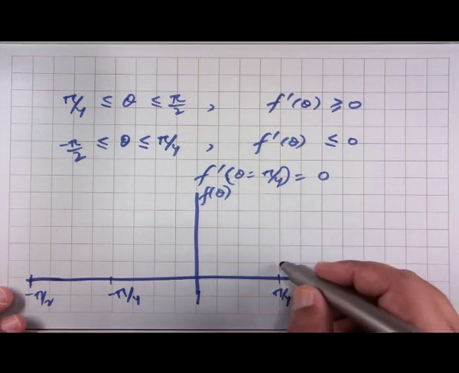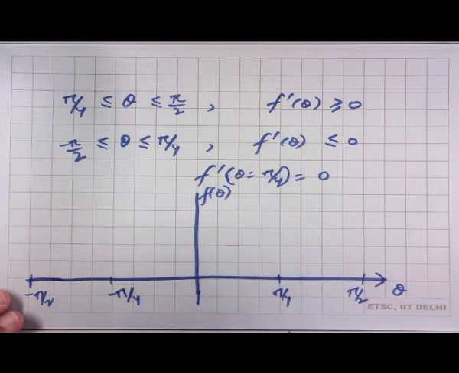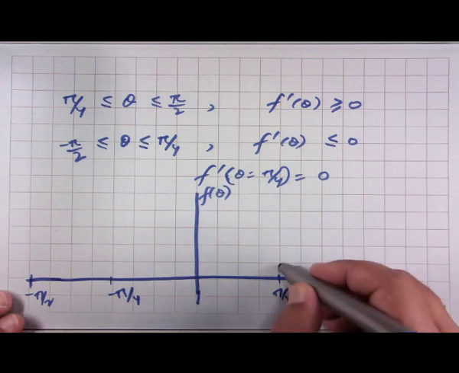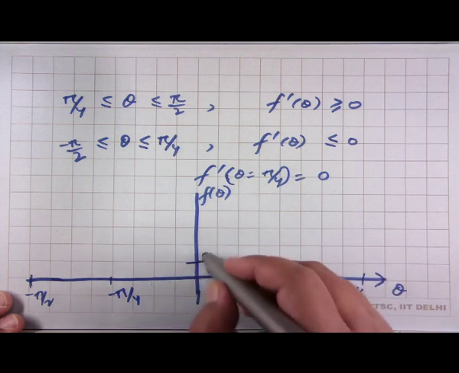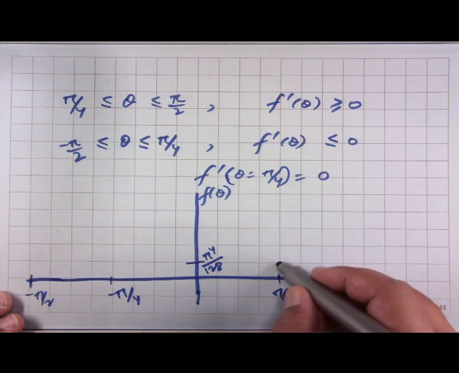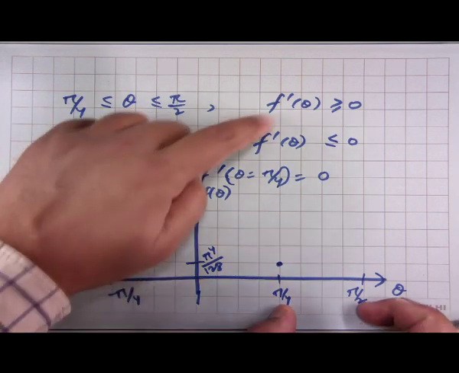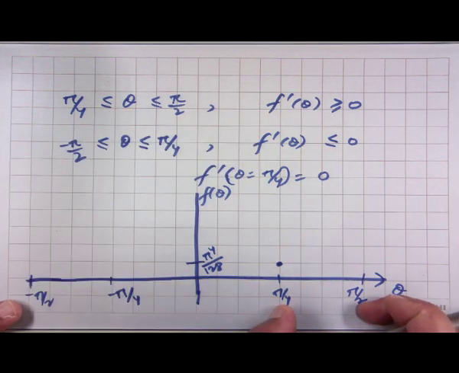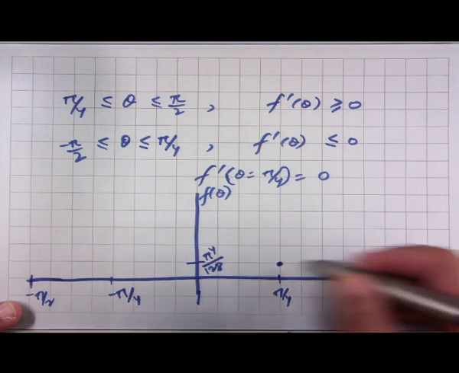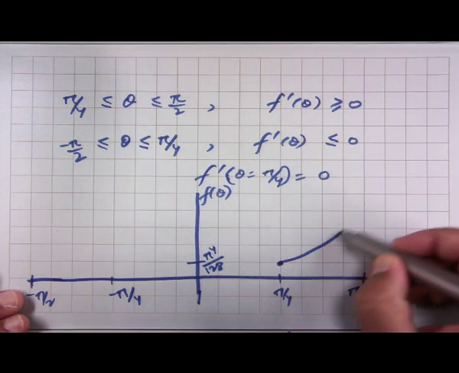The minimum value, as we have seen, is pi to the power 4 by 128. Let's say this value here is pi to the power 4 by 128, and that minimum value is attained at pi by 4. In this interval f dash theta is positive, and therefore f theta will increase monotonically, so it might go something like that.